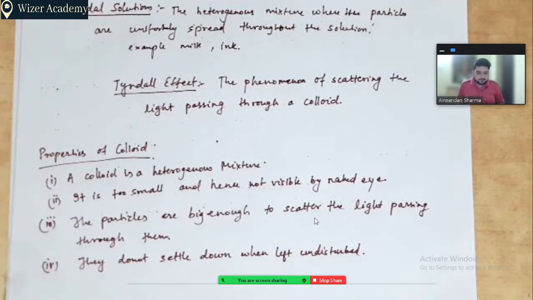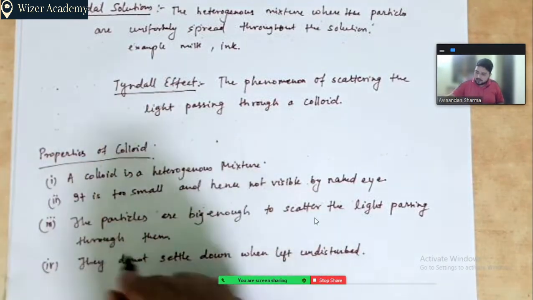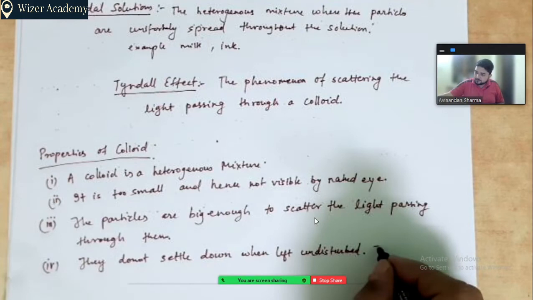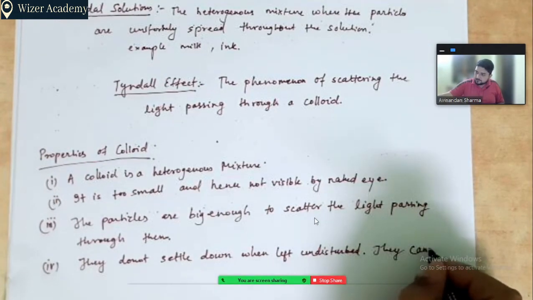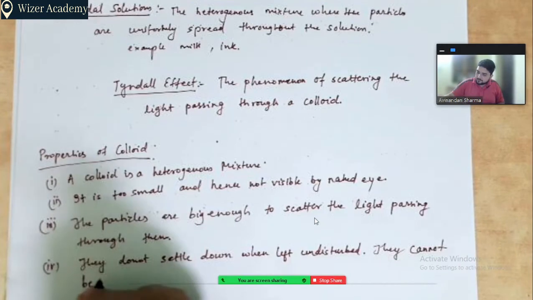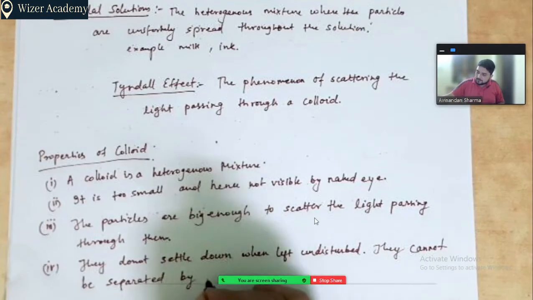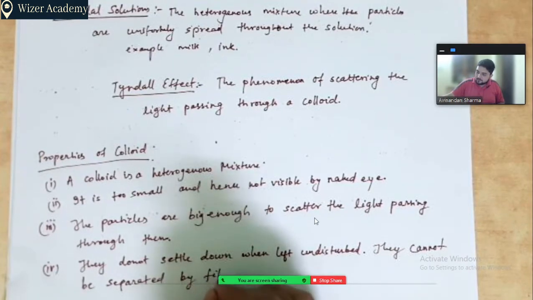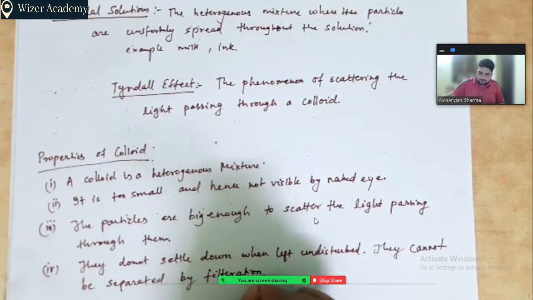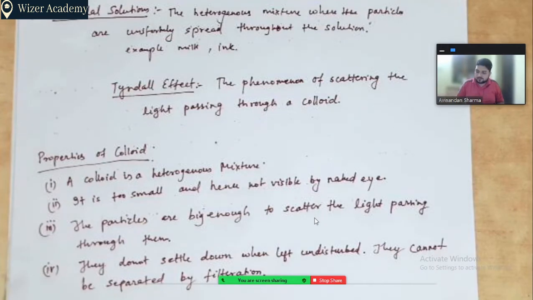There are different types of colloidal solutions which I will be discussing, and the last part is they cannot be separated by filtration. There is a different process of separation that is known as centrifugation.